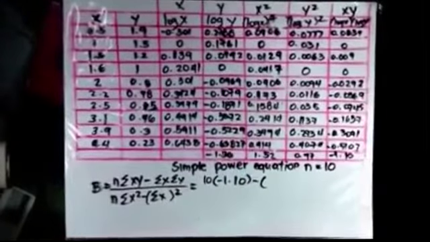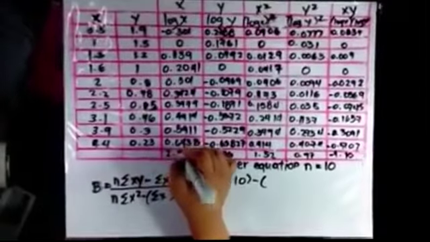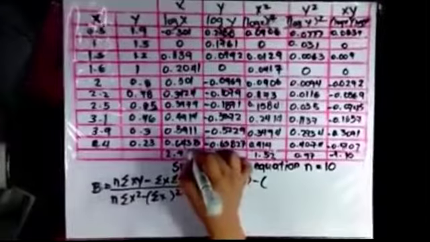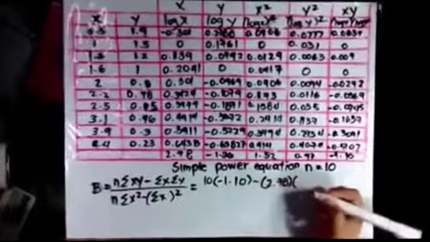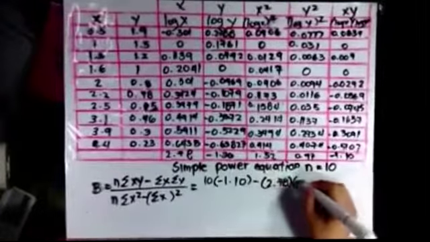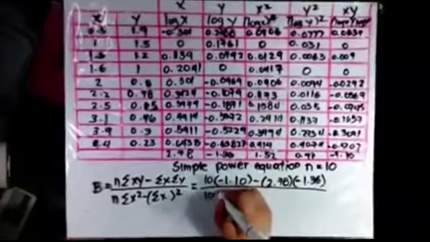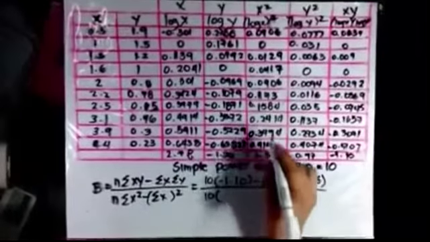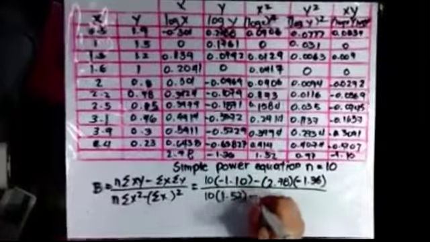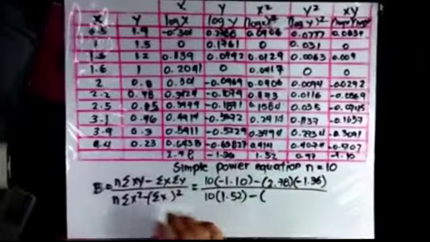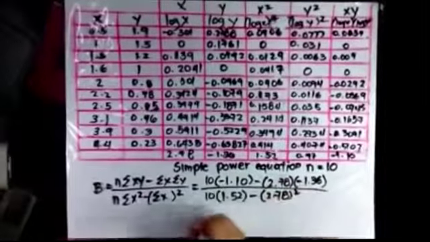2.78 times summation of y, which is negative 1.36, all over n, 10 times summation of x squared, which is 1.52, minus summation of x, 2.78, then square.